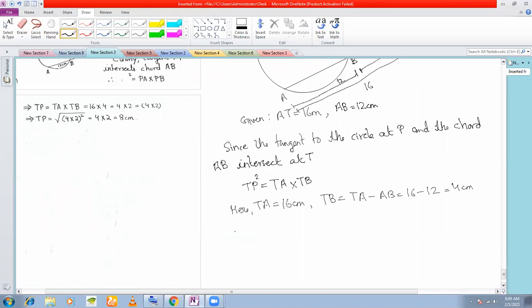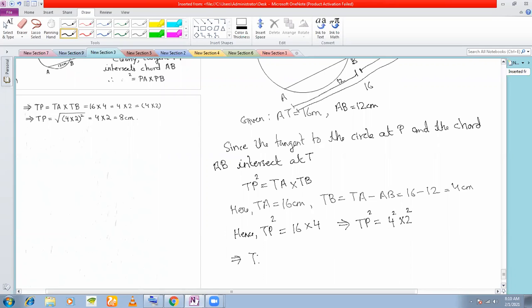So therefore, hence the length of TP square is equal to TA, which is 16, into TB, which is 4. Now you know 16 and 4 both are whole square. So instead of multiplying and getting 64, what you can do is you can write TP square is equal to 4 square into 2 square.